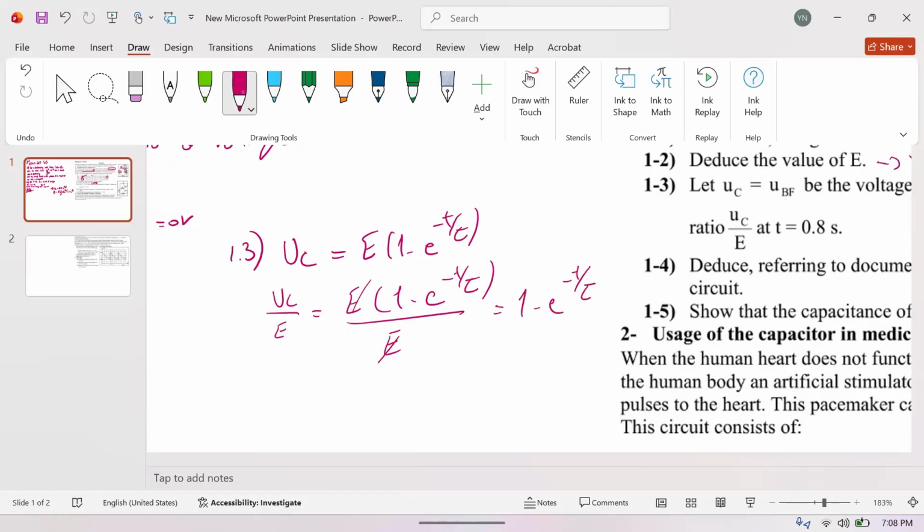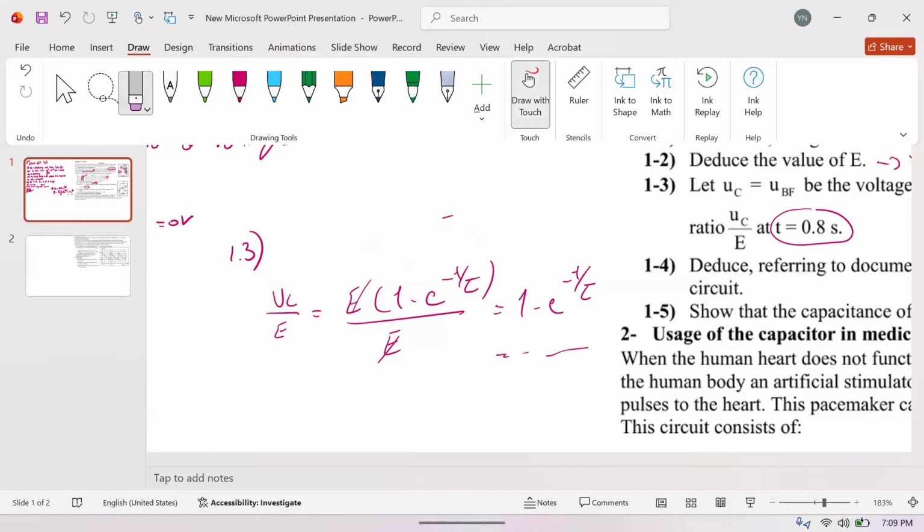You choose the time they're asking for, like here, they're telling you that the time is 0.8. You replace the time and you replace tau using the figure or what they asked you on the previous questions, and you simply find a value for UC over E.